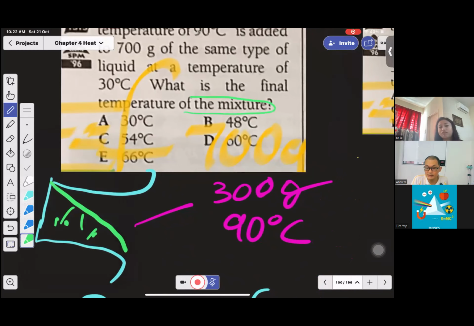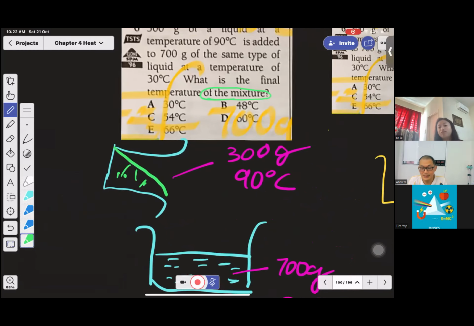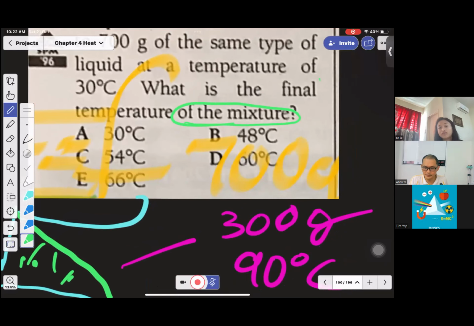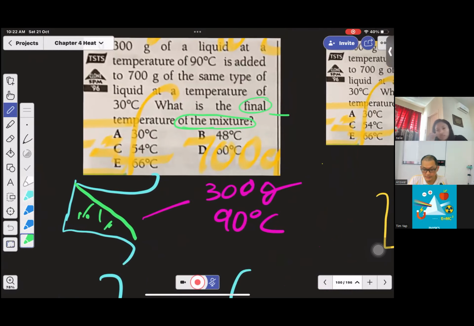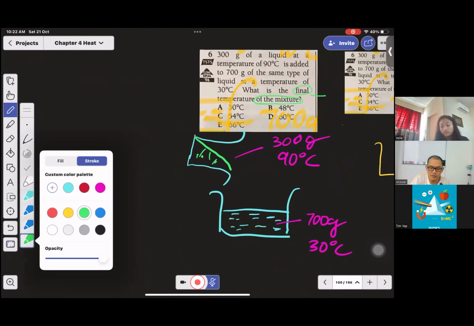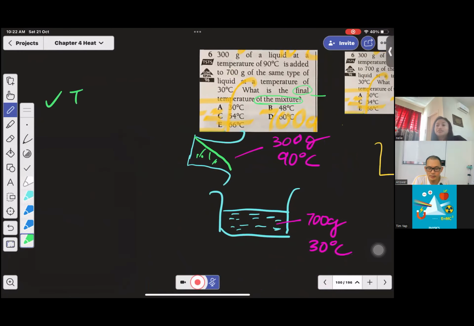So this is the first assumption, because you reach thermal equilibrium condition.